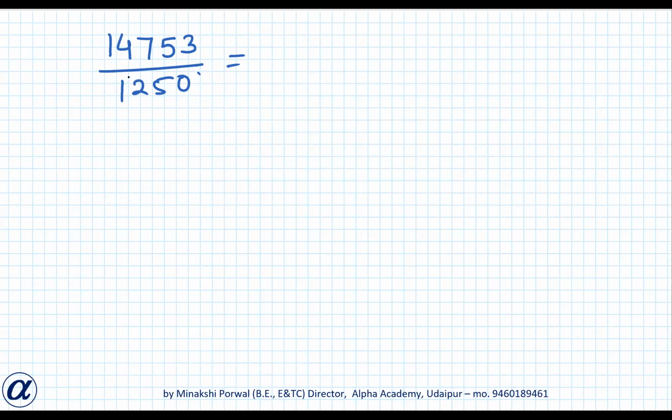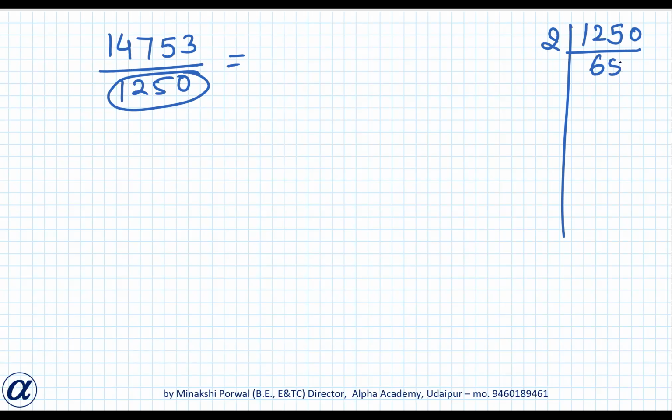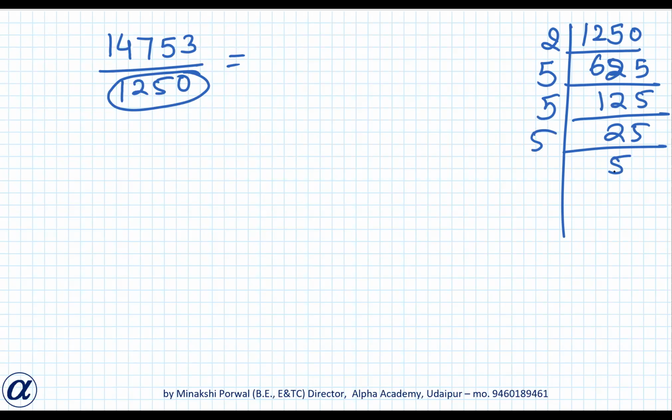Okay, we'll obtain prime factorization of 1250. 1250, so 2 times 625, 5 times 125, 5 times 25, 5 times 5 and 5 and 1. So we can write it as 14753 upon 2 into 5 to the power 4.